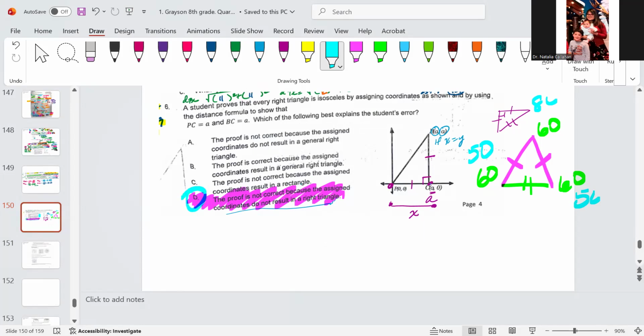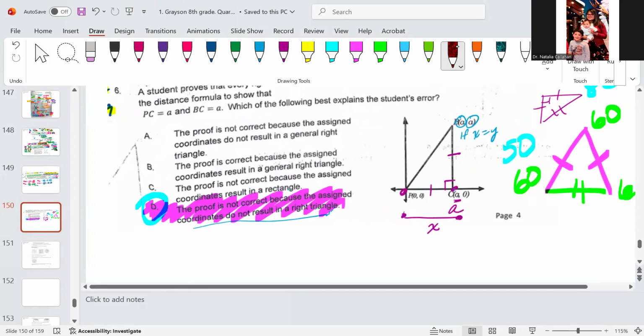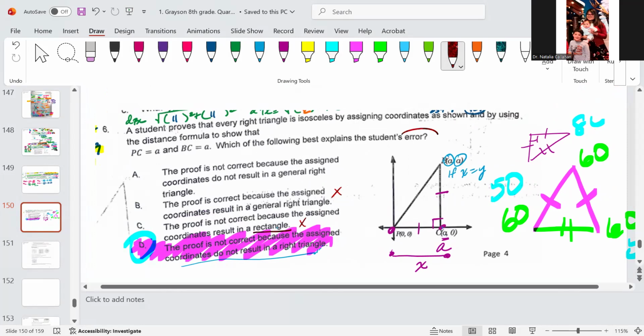Does that make sense though? This is a confusing one, because look at the ones that you know for sure it's not. Result in a rectangle, that doesn't make any sense, right? So absolutely not. The proof is correct? It just says it's not correct. It just says find the error, right? So that's definitely wrong. The proof is not correct because the assigned coordinates do not result in a general right triangle.